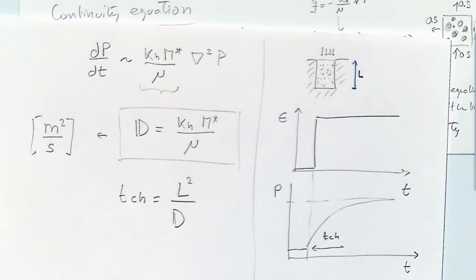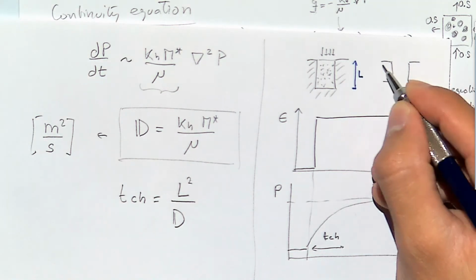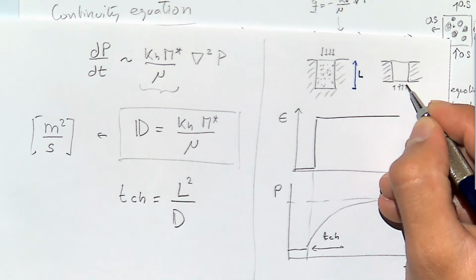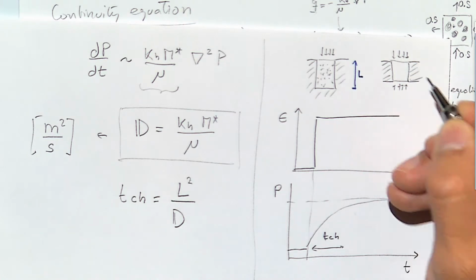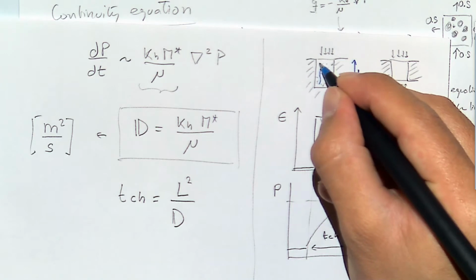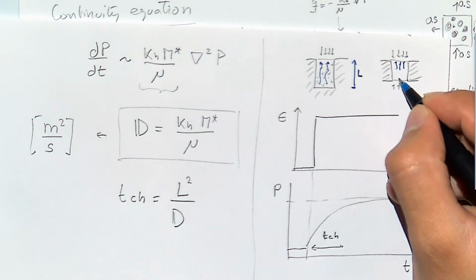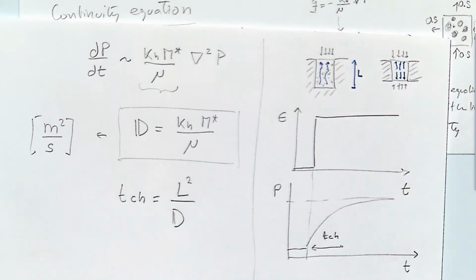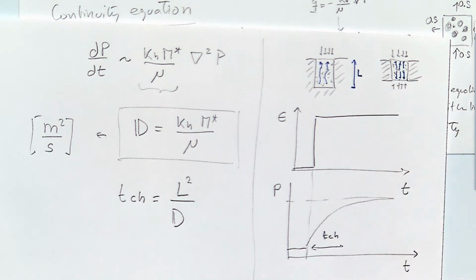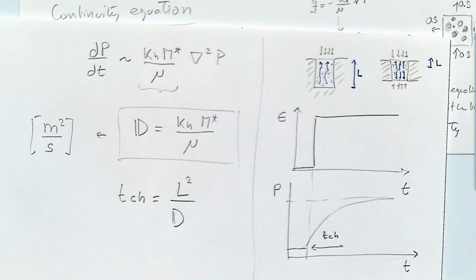If I had a case, for example, in which I have impermeable boundaries on the sides, and I apply stress from top and bottom, but I also let the fluid drain from the top and bottom, now the drainage distance is half of that. So in this case, L is going to be equal to that.